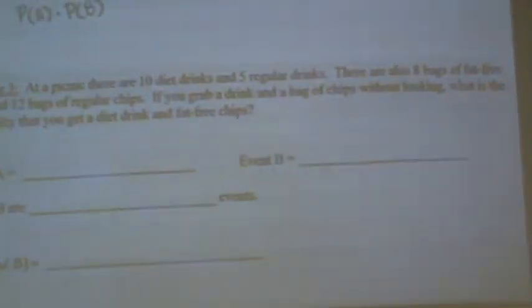So part A has the probability of A and B. From our definition, the probability of A and B equals the probability of A times the probability of B. And we're given the probability of A, and we're given the probability of B, so we just have to plug in the 2 decimals that they give us. The probability of A was 0.4.